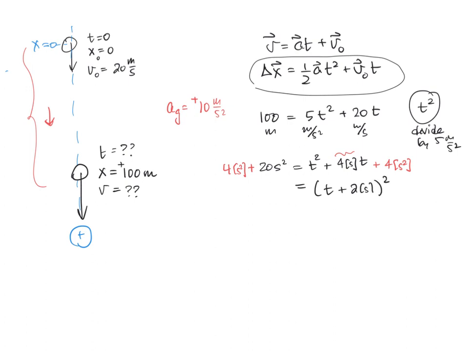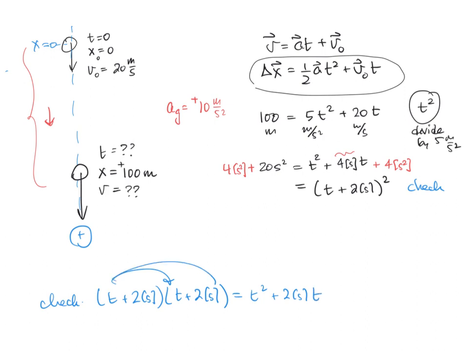We can double check that this works. Let's go check below. I'm going to write it at the very bottom here. Okay, so t plus 2 seconds times t plus 2 seconds gives me t squared plus 2 seconds times t, that's the second term here, plus 2 seconds times t, plus 4 seconds squared.